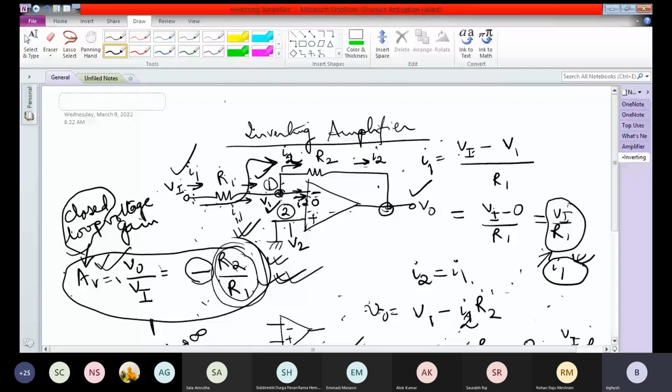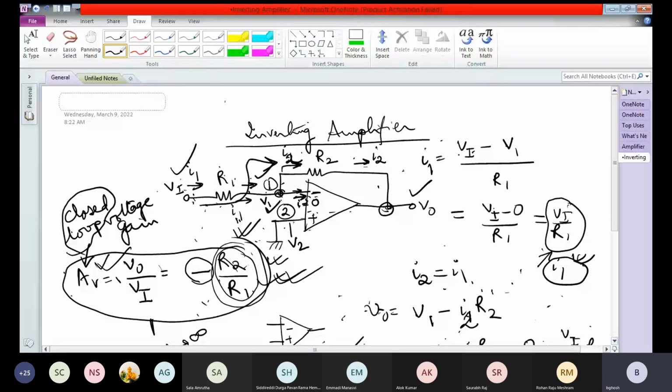Input voltage VI, output voltage V0, the currents I1 and I2, they can also be DC currents. So the operational amplifier can also amplify DC voltages.